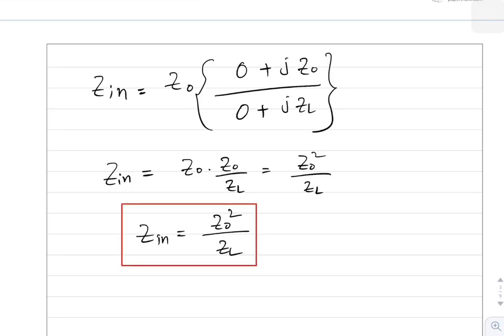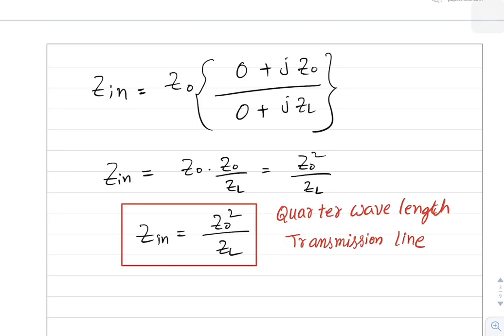This is the relation between load impedance and input impedance in a lambda by 4 length transmission line. You can call it a quarter wave transmission line. There is a special importance for this equation.